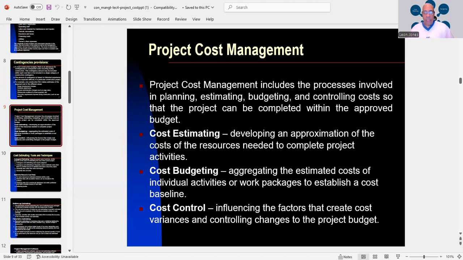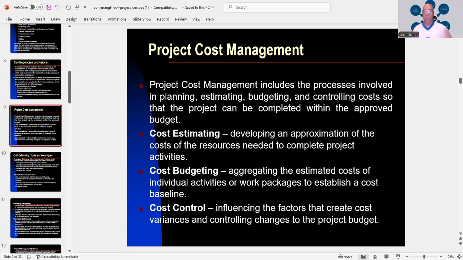Now, one thing you need to know about project cost management. Well, it includes the processes involved, as I said earlier: planning, estimating, budgeting, and controlling costs so that the project can be completed within the approved budget. So when we deal with cost estimating, what we're doing is developing an approximation of the cost of the resources needed to complete project activities.